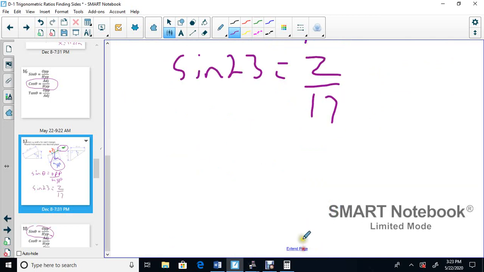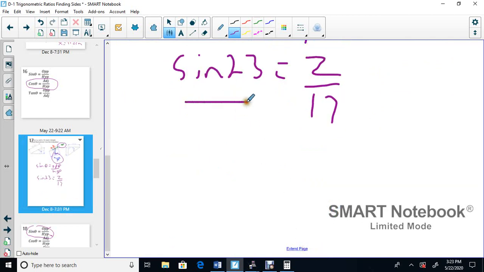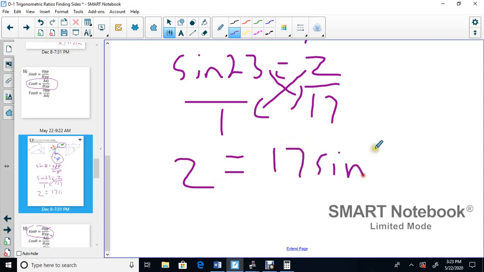And then I'm going to cross multiply. I'll put it over 1. When I cross multiply, so that times that. This times this, I put the 17 in the front. But I'll cross multiply this way first and then that way. So 1 times Z is Z equals 17 sine of 23.